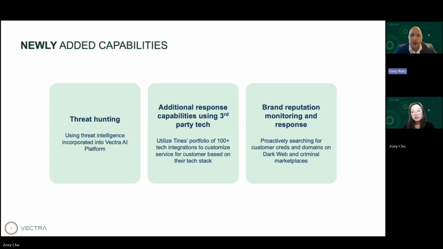The other is being able to expand our response capabilities. For a lot of customers, as I mentioned earlier, they may have different technologies that don't fit a mold that they're being forced to fit in for others out there. So we do have a partnership with Tines and their automation orchestration platform to help us do that for our customers and really open up our integration and our portfolio, so to speak, whether it's a network-based solution or an endpoint solution, there's the ability to create custom response capabilities as needed.